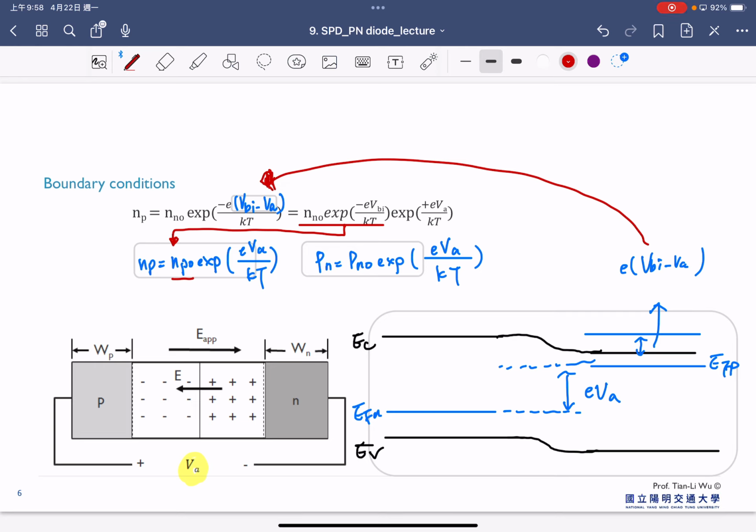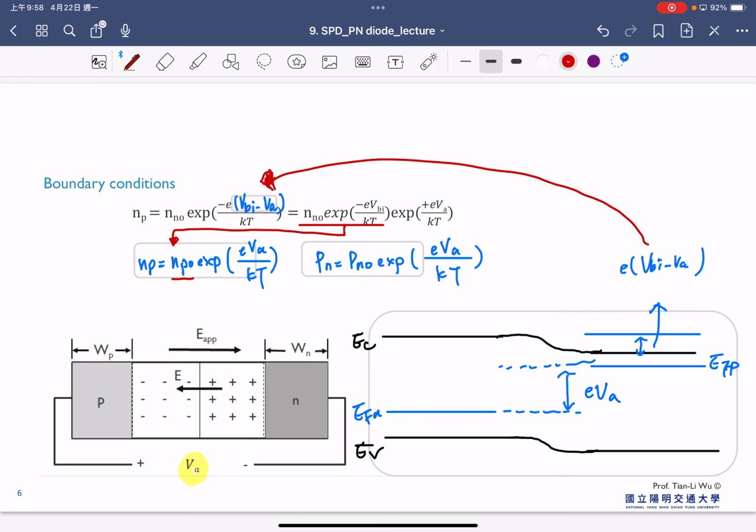So now we have some new equations, which we will use further. Actually, it's not really new, just further calculation based on the old equation, but we try to bring in the concept of minority carriers.